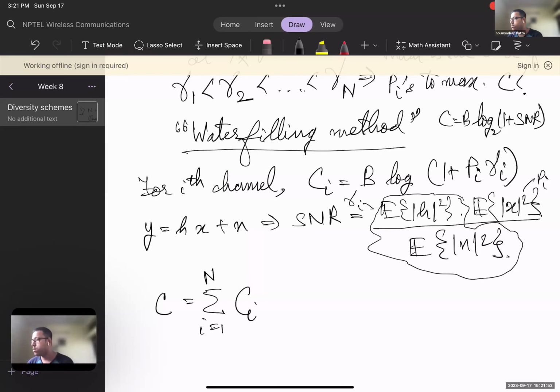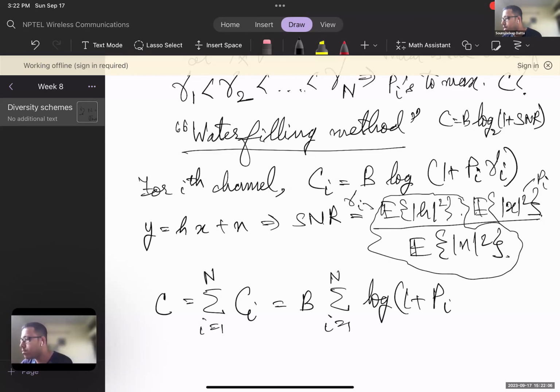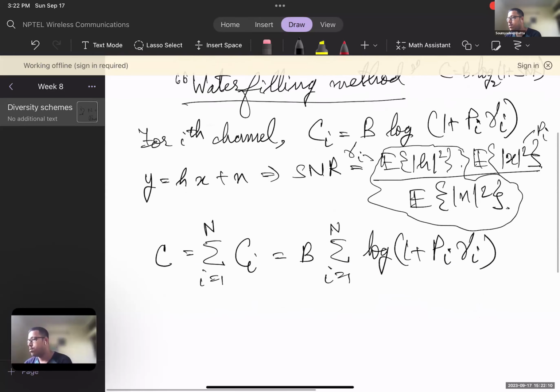And so this is your total capacity, and you have to maximize this quantity: B times the summation from i equals 1 to n of log of 1 plus Pi gamma i. Now over here, you know that gamma 1 is less than gamma 2, so that's the question I'm giving, up to gamma n.